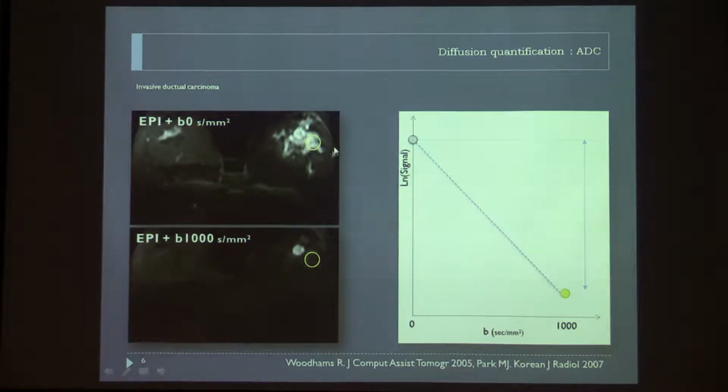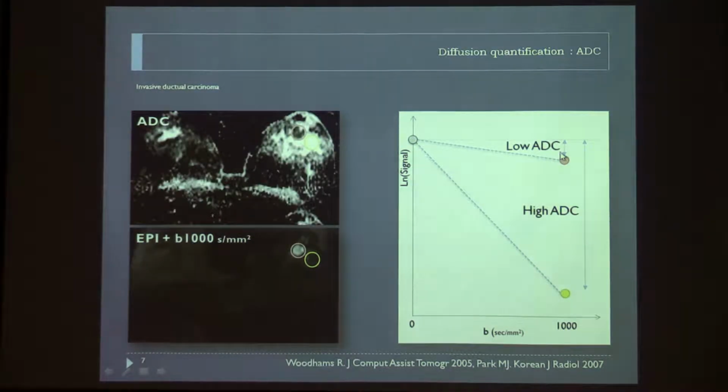So you measure the signal intensity without the gradient. You take the signal intensity with the gradient and you calculate the drop of the signal. So here in the fibroglandular tissue, you have a huge drop of the signal, here a huge drop. And within the tumor, you see that the signal decreases only a little bit. So with this high drop, you can obtain an image with a high signal intensity.